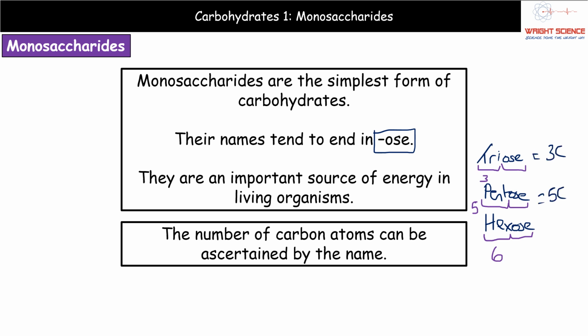Pentose is a 5-carbon sugar, hexose a 6-carbon sugar. So we can ascertain quite a lot just from understanding those prefixes and suffixes in biology. So really do get to grips with breaking down these weird and wonderful words we like to use so that when you're presented with unfamiliar things, you can just unpick it and go, well, it ends in OSE, some kind of a sugar then.